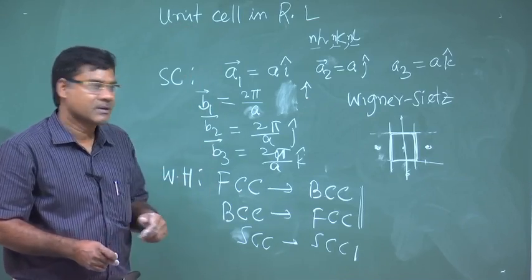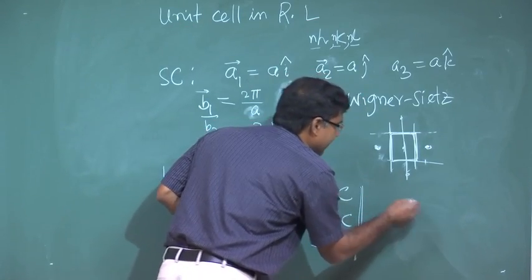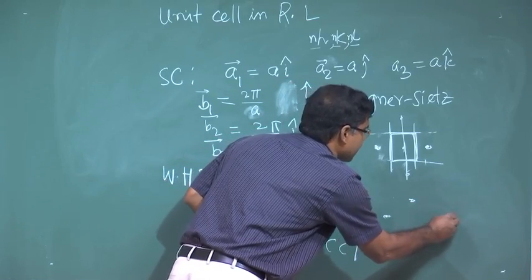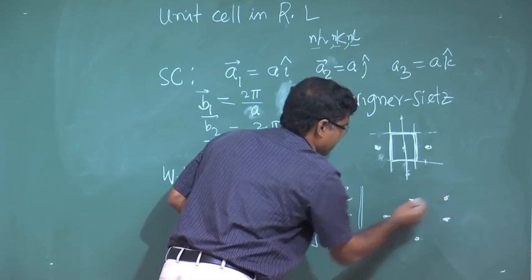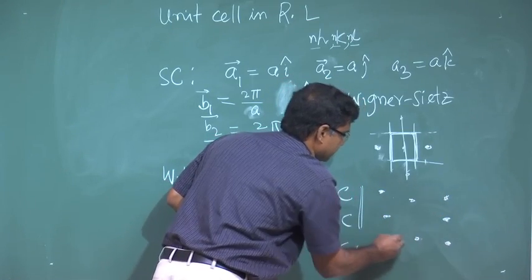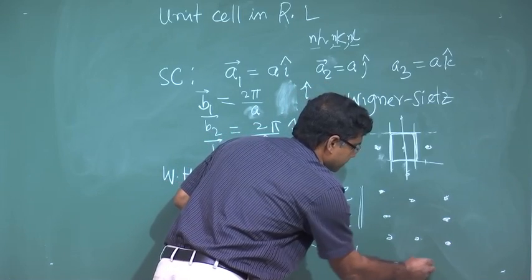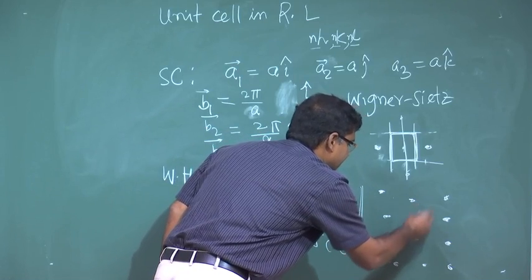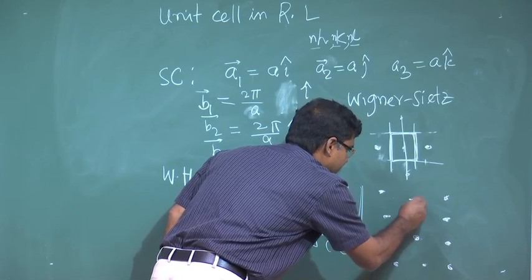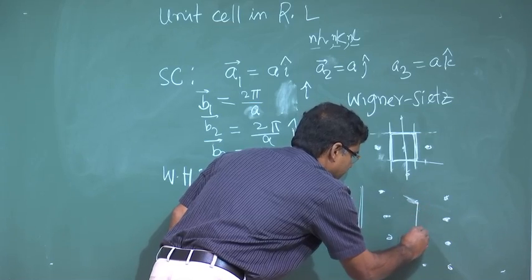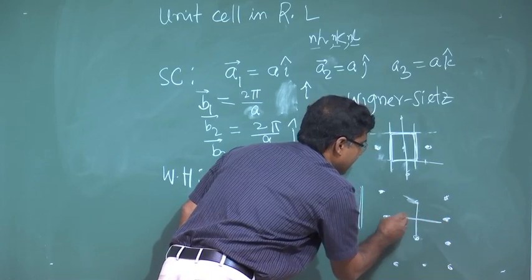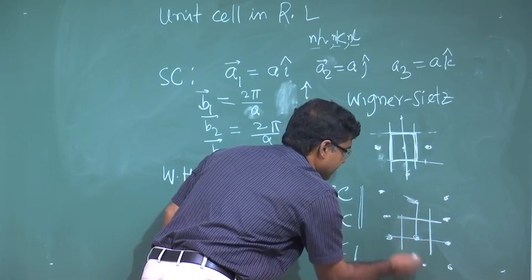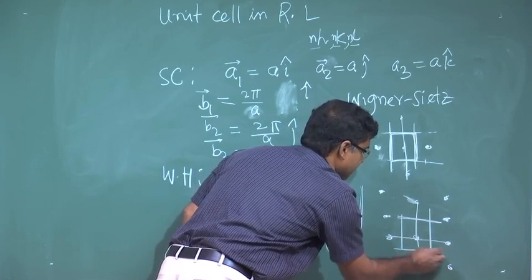In reciprocal lattice, lattice points are there, so take normal bisectors, in this case, this case, this case. Okay.